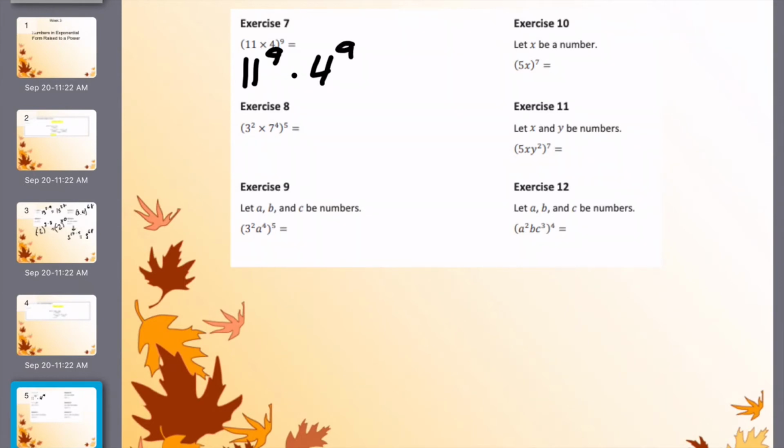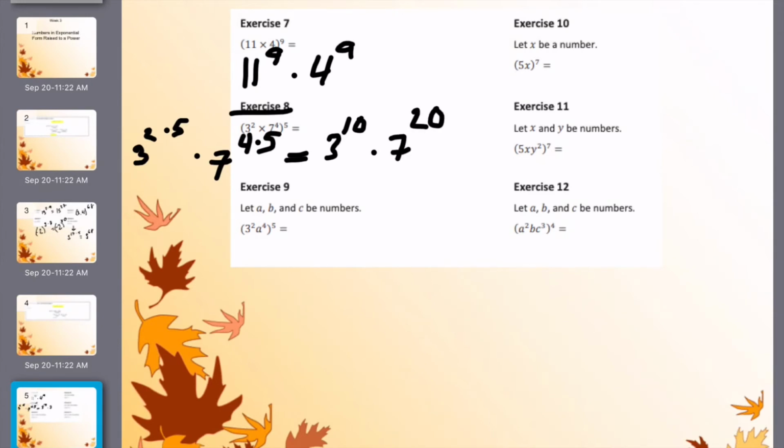And that's it. So now I can see on exercise 8, I have 3 squared times 7 to the fourth. This is an example of our powers being raised to another power. So this is like 3 to the 2 times 5 times 7 to the 4 times 5. So this is going to become 3 to the 10th times 7 to the 20th power.